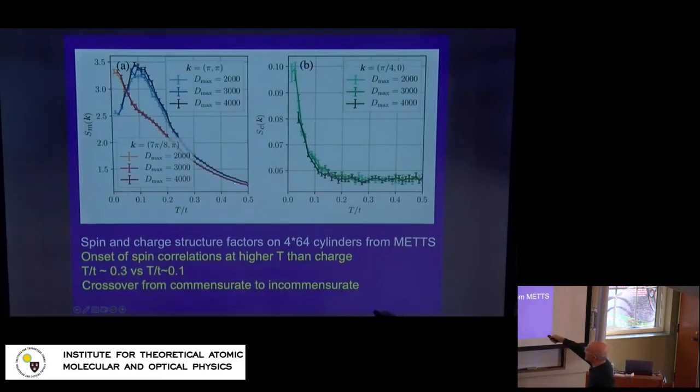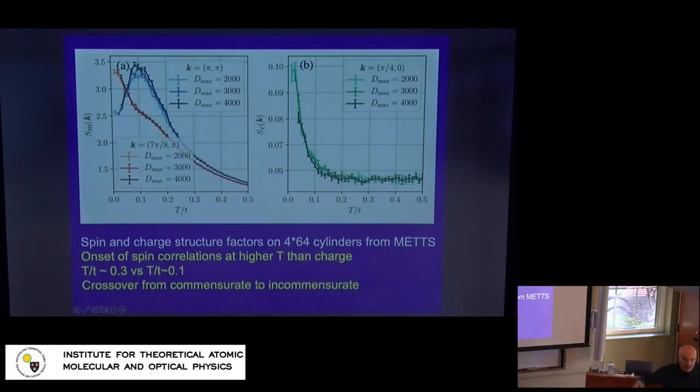And here the spin correlations develop at a much higher temperature. In all this range, they are commensurate, pi. And at this point, when the charge starts to kick in, they become incommensurate, and the other value of the structure factor at the different wave vector kicks in. So that's the picture.